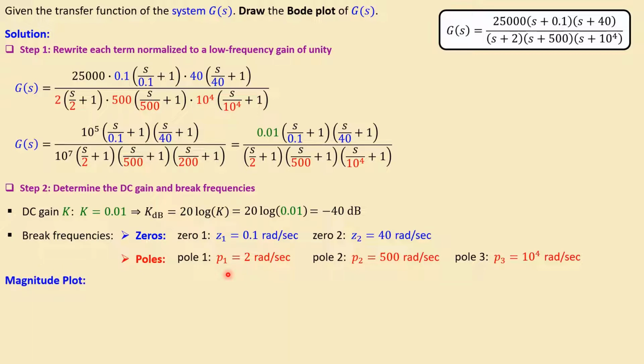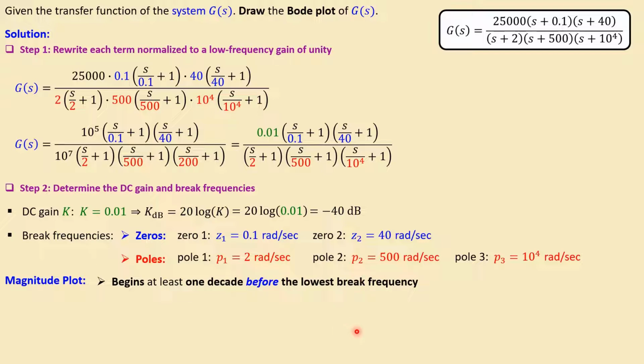Okay, the magnitude plot. For drawing your magnitude plot for your Bode plot, we need to look at our lowest and our highest breakpoints. So in this case, you begin at least 1 decade before, and decade means 10 times smaller. So you have your 0.1 radians per second as your smallest break frequency.